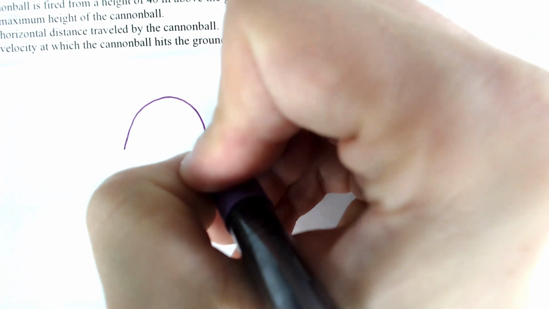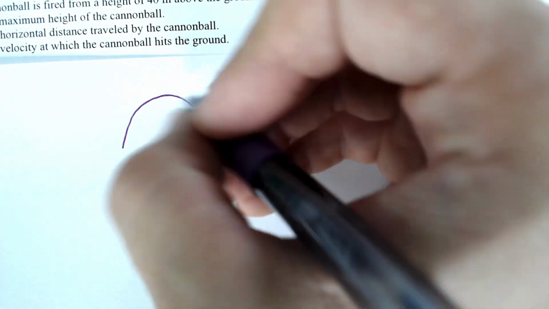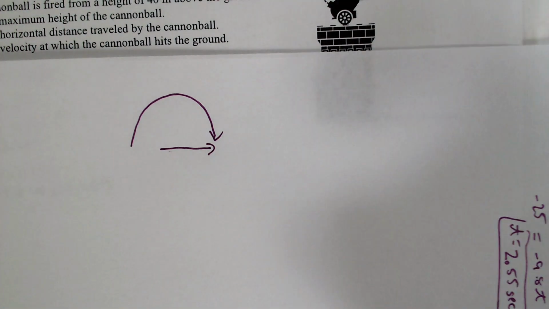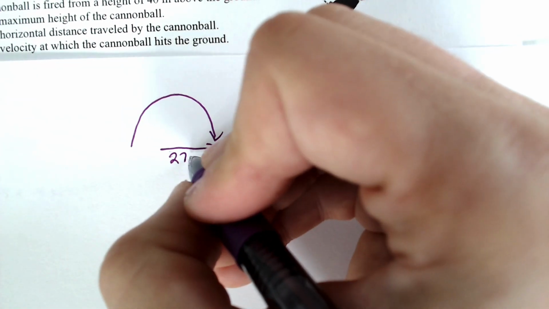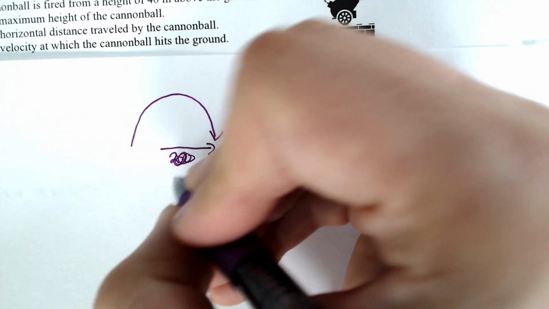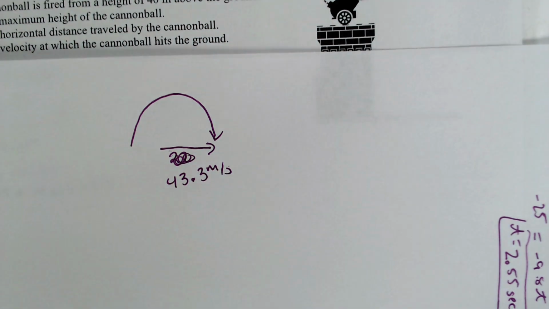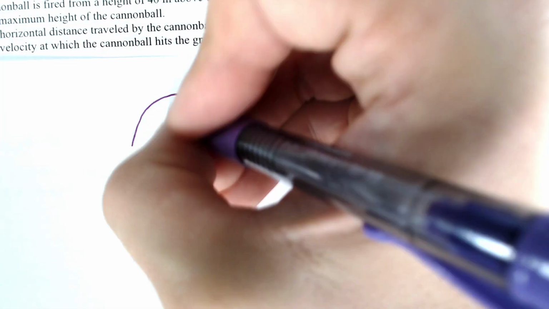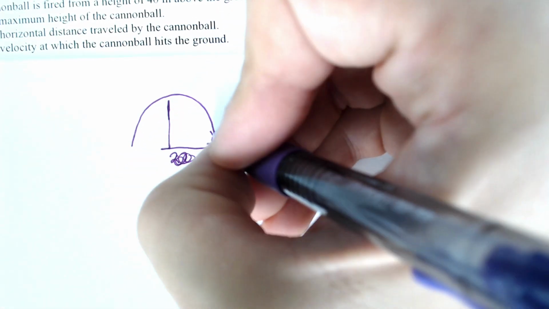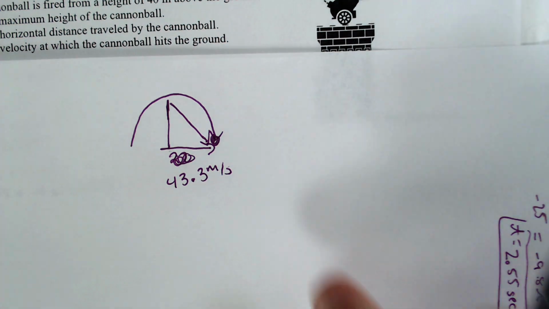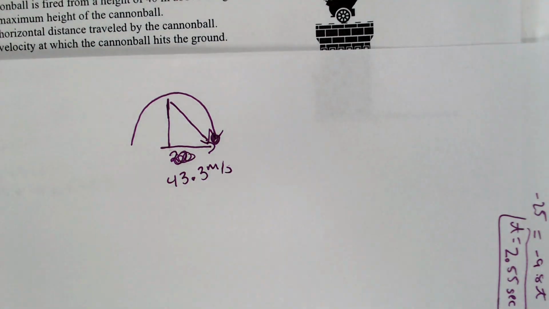On the way up and the way down, we need to understand that the horizontal velocity is permanently 43.3 meters per second. The vertical velocity when it hits the ground, we don't know yet, but we need to figure out the actual velocity, which is that angled part, which combines the vertical and the horizontal parts.